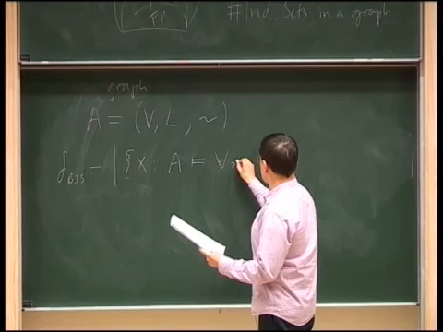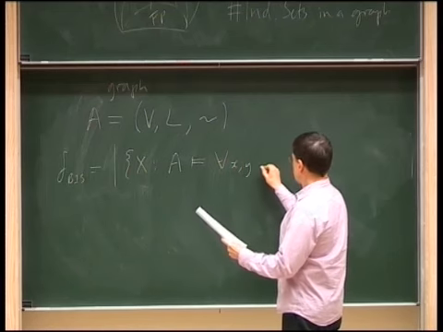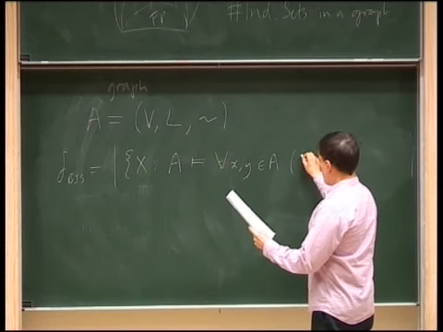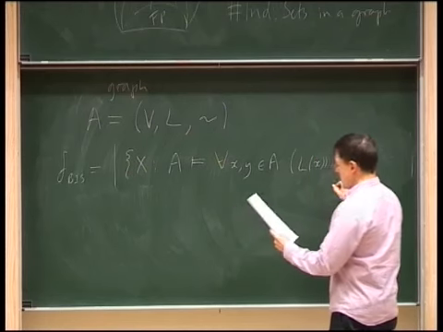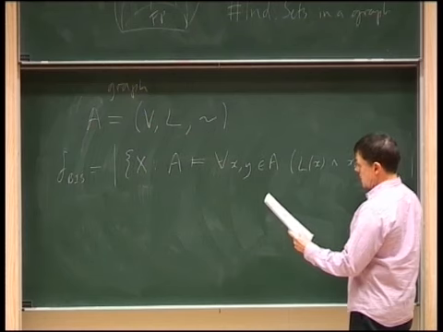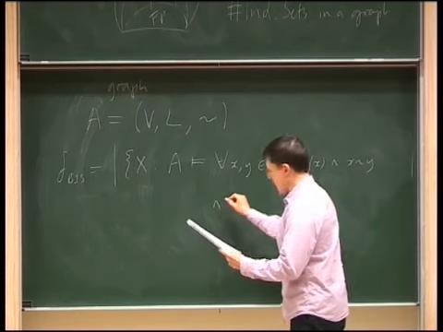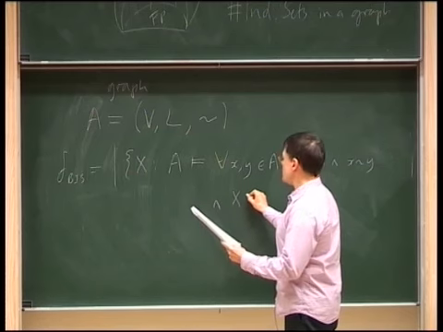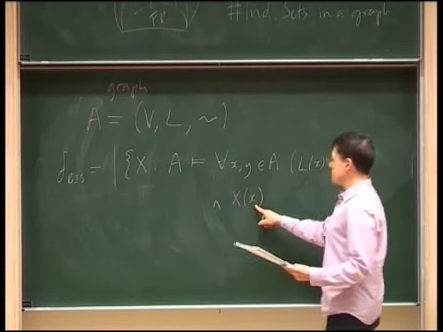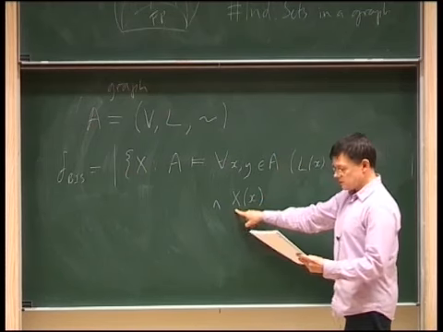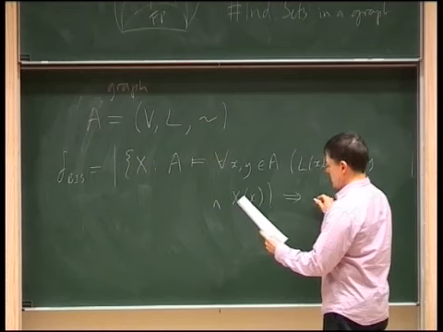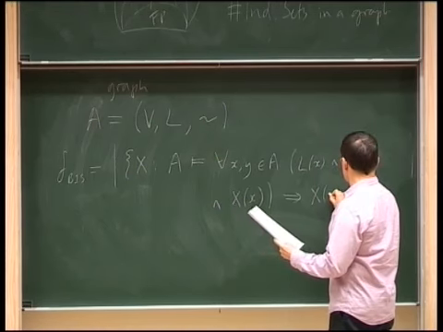So for all x, y in A, if x is on the left and x is adjacent to y, so y is on the right, and the vertex x is in the independent set, then the other thing is not in the independent set.